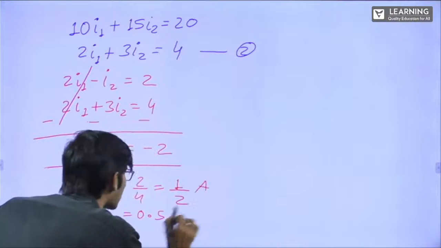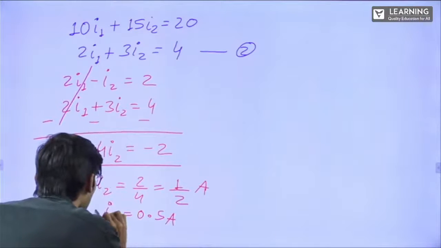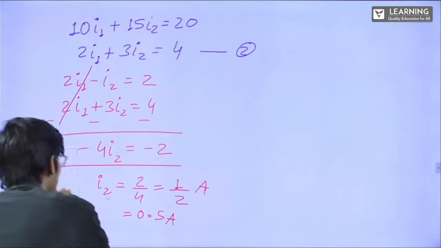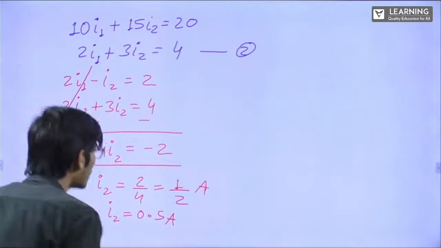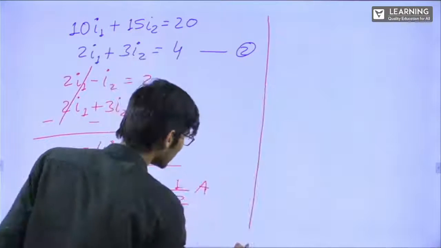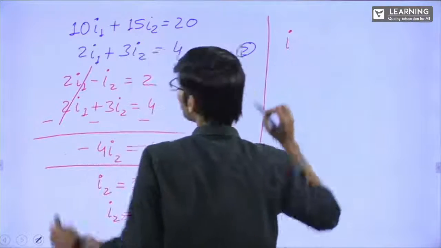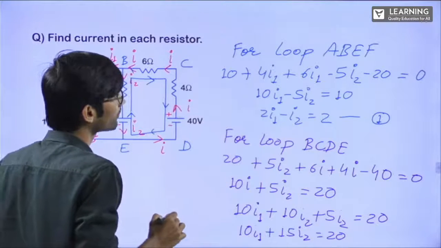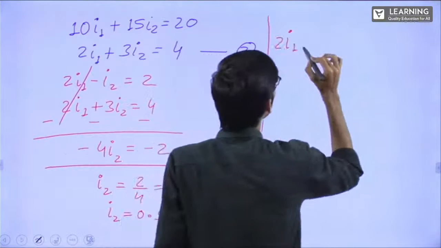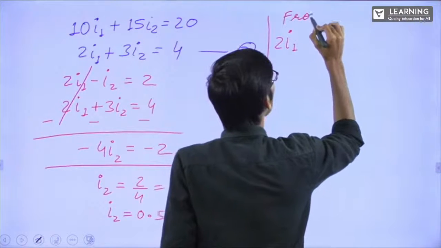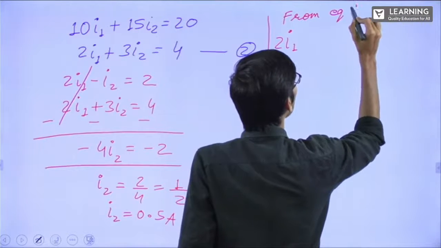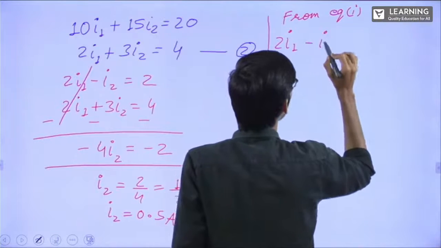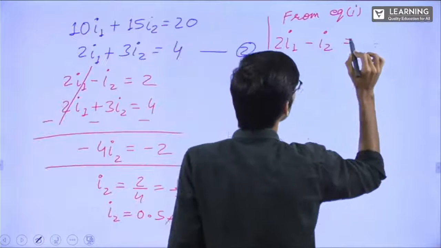Here also I can write ampere. Clear? Now see, since this is positive, that means the direction what I assumed was correct. I2 I have got. Now can I get I1? Yes. From equation 1, 2I1 minus I2 is equal to 2.